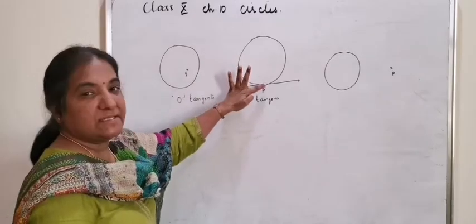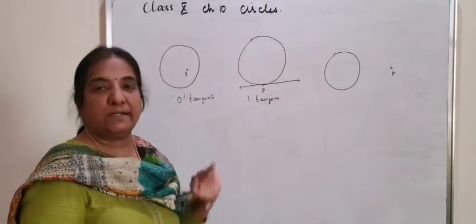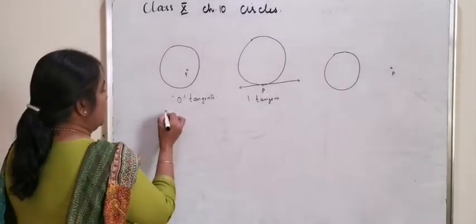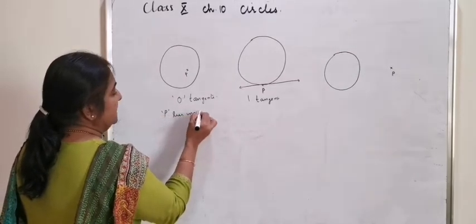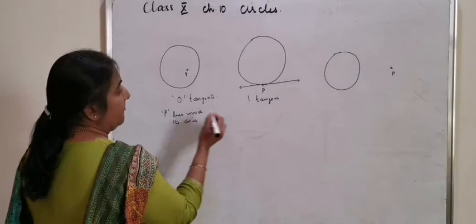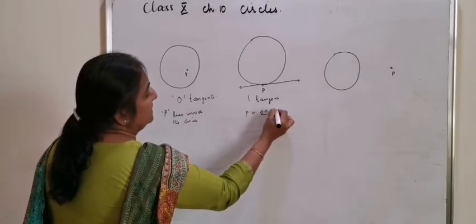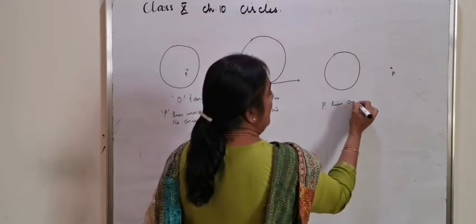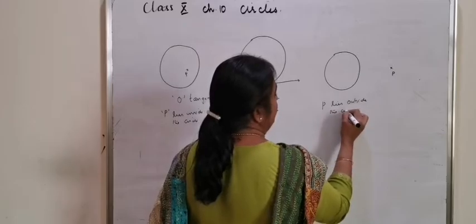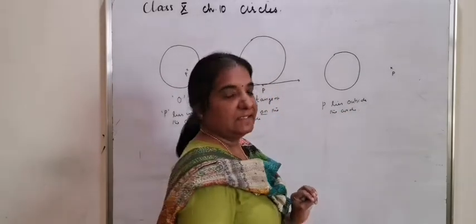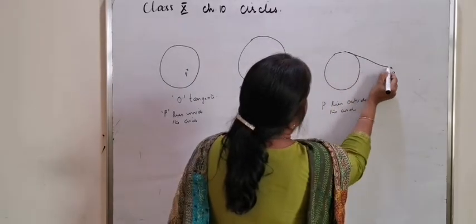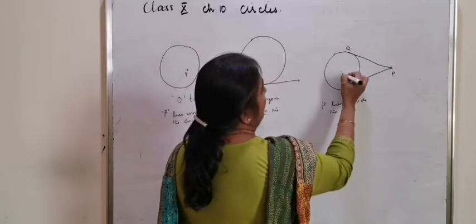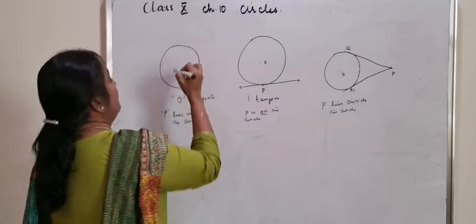If the point P lies on the circle, there is exactly one tangent, and if the point P lies outside the circle... here point P lies inside the circle, P is on the circle, and in the third case, P lies outside the circle. If P lies outside the circle, we can draw two tangents as PQ and PR.